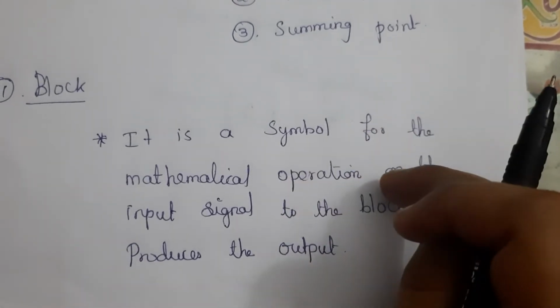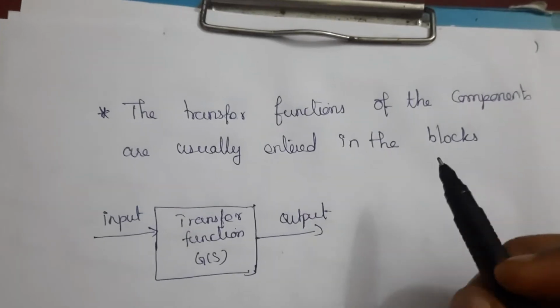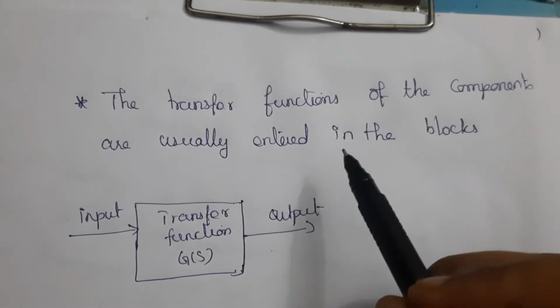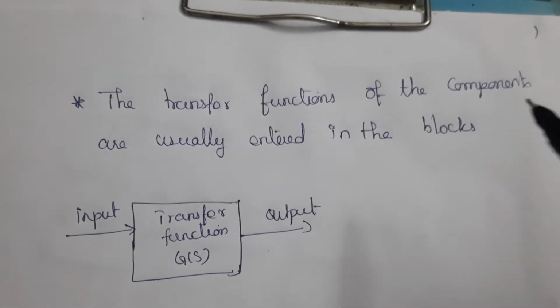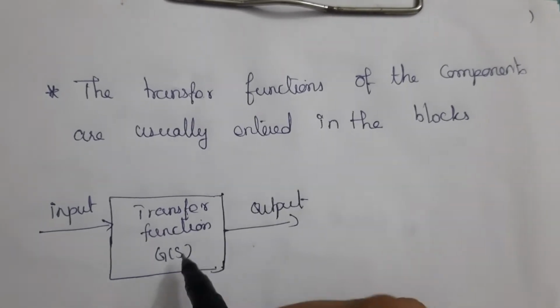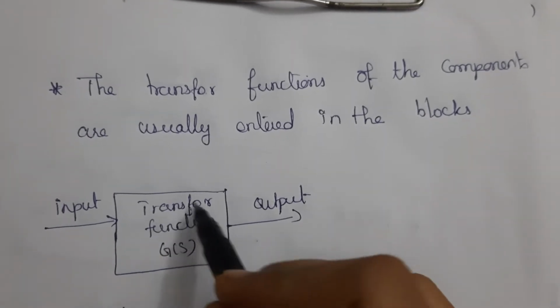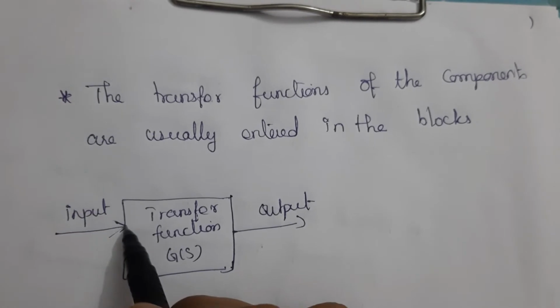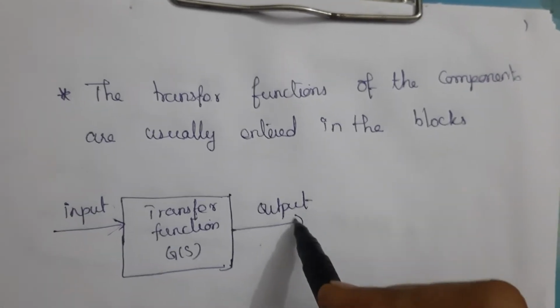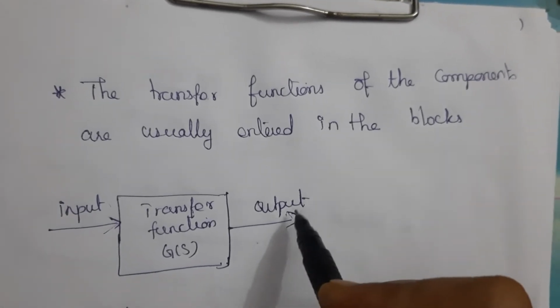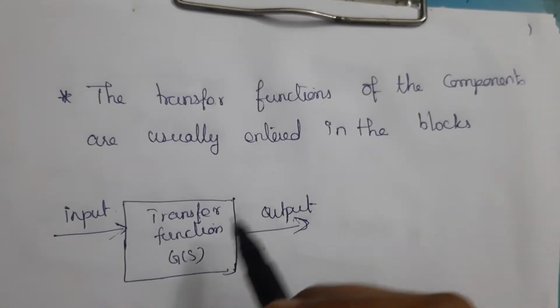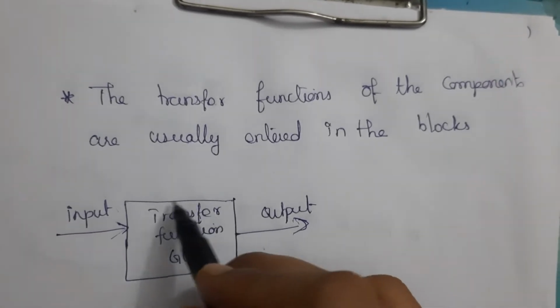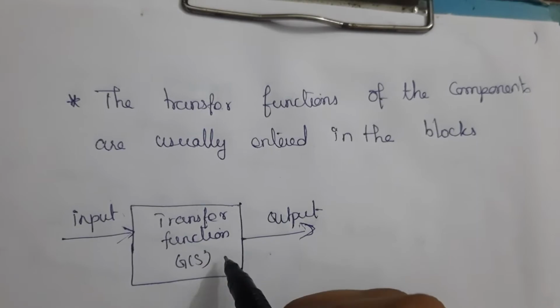That is represented as a block. Basically the transfer function of the component is usually entered in the block. The arrow going into the block represents the input, and the outward arrow indicates the output of that system. So this is the block, and it includes the transfer function of the system.